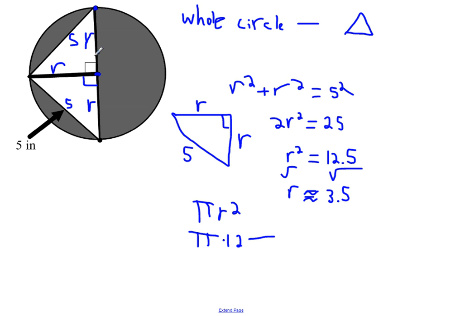Well, the area of this triangle is 1/2 base times height. The base of the triangle is this diameter line, and so that's 3.5 and 3.5. It's approximately 7. The height of that is 3.5.